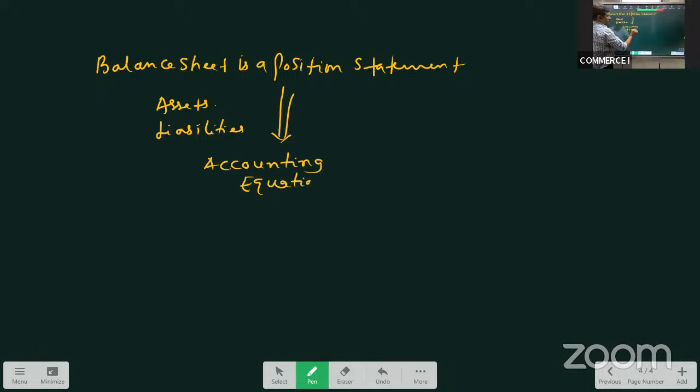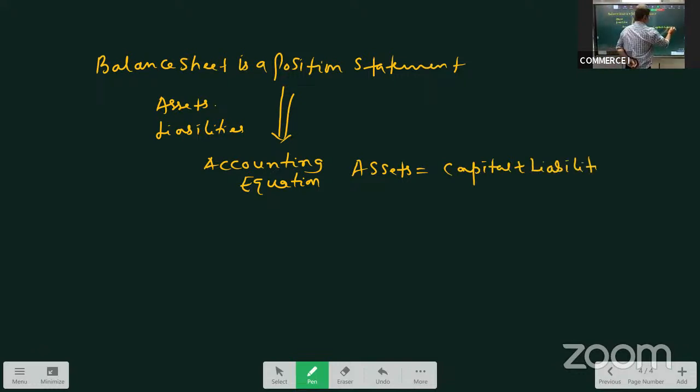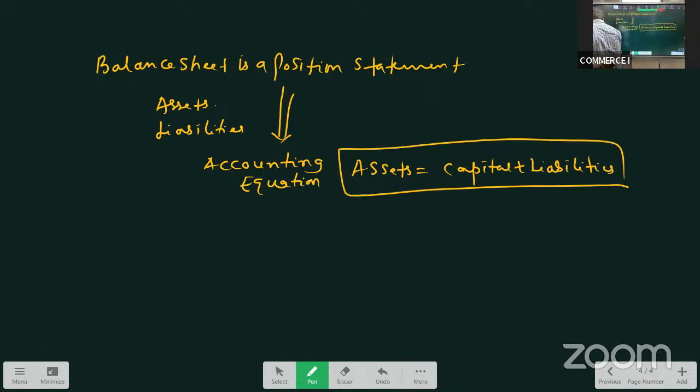The accounting equation is what? Assets is equal to capital plus liabilities. Balance sheet is prepared basing on this equation, which is called the accounting equation. Total of assets will be equal to total of liabilities plus capital.